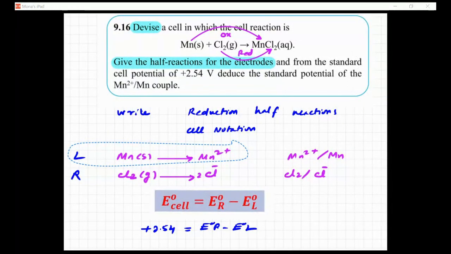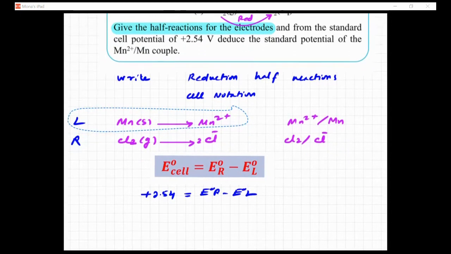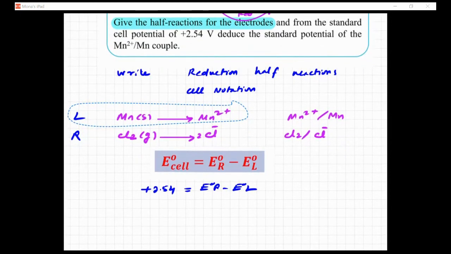Previously, you used to find E right and E left, and then use them to calculate E cell. Now you are given E cell and you want to find the E for the left.